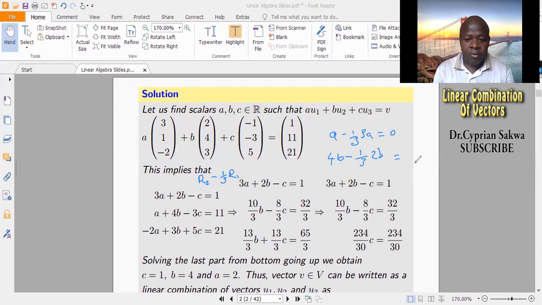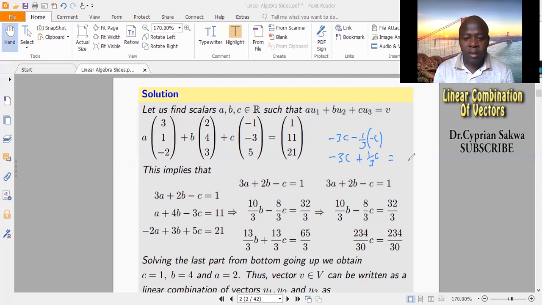Of course, the LCM would be 3, so this would be 12B over 3 minus 2B over 3. That will give me 10B over 3. That's what you see here. Similarly, for this one, I would have negative 3C minus a third of negative C. So this is the same as negative 3C plus a third of C.